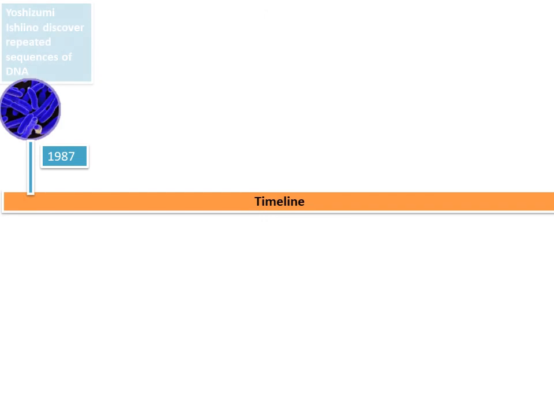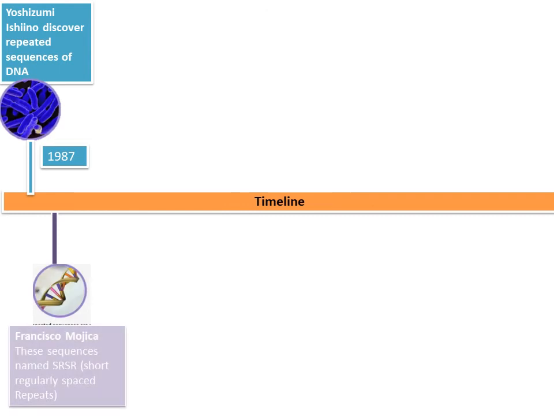This timeline presents the concise history and the current contributions of the scientists who pushed this field forward. It all started in 1987 when a scientist named Yoshizumi Ishino discovered the repeated sequences of DNA. Then Francisco Mojica was the first researcher to characterize what is now called a CRISPR locus.